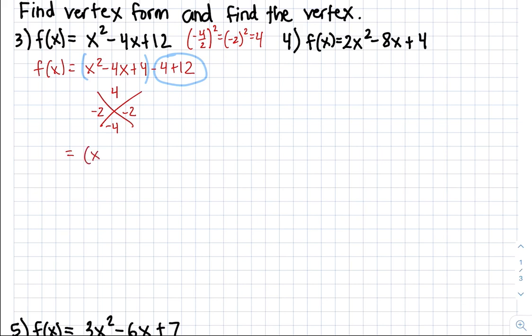So x minus 2 squared, negative 4 plus 12 is plus 8. So there's vertex form. And now, what is the vertex? The vertex is 2, 8. Okay, number 4.